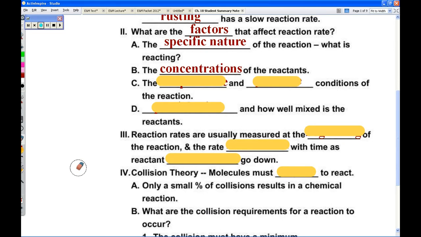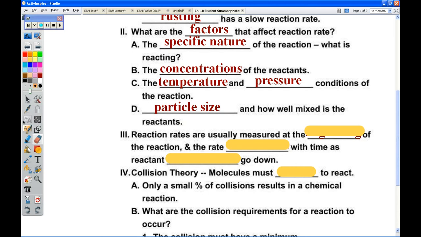The concentration of the reactants. The temperature and pressure conditions of the reaction, and the particle size and how well mixed the reactants are.